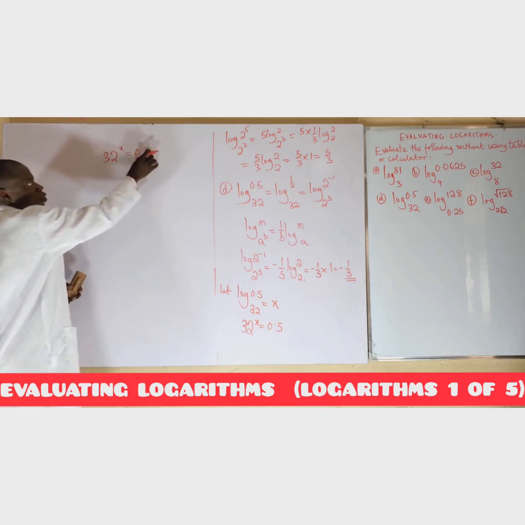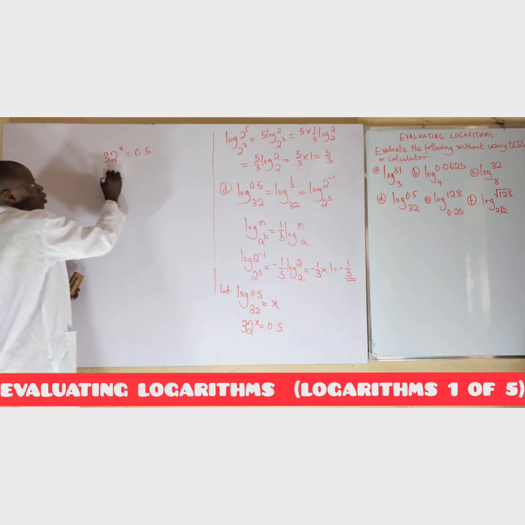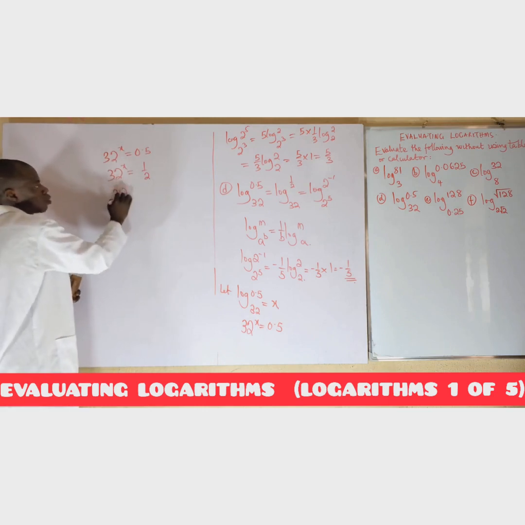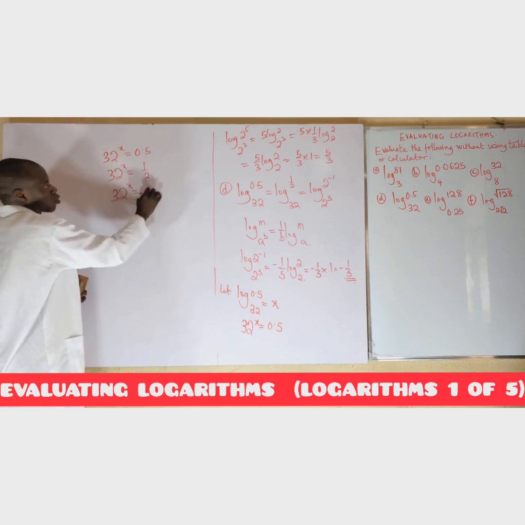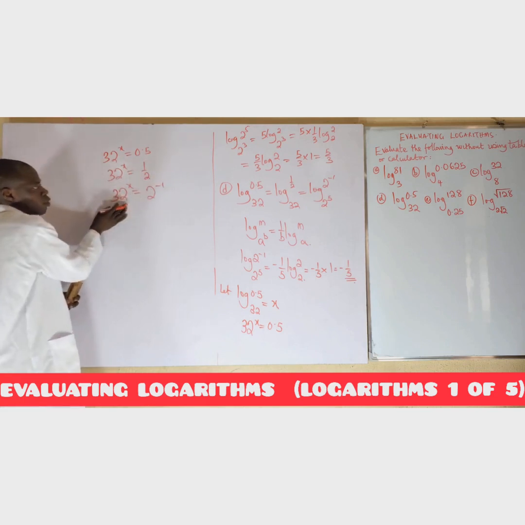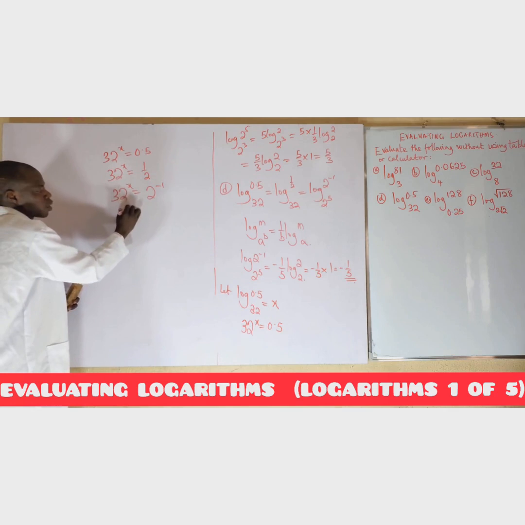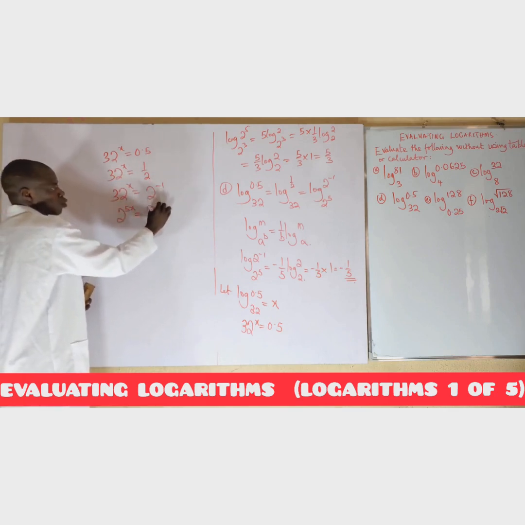Now, you have 32 raised to power x equals to 0.5. Express 0.5 as a fraction. That means 32 raised to power x is equal to 1 over 2, and from here, 32 raised to power x is equal to 2 raised to power minus 1. You can write 32 as the power of 2, that's 2 raised to power 5x equals to 2 raised to power minus 1.